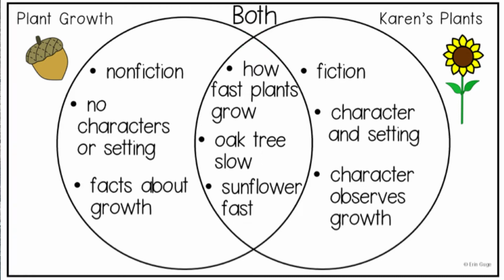In the outer sections, we can see the differences, and notice related ideas are across from each other. Nonfiction versus fiction, no characters or setting versus a character and setting, and just facts about growth versus a story where a character observes the growth.